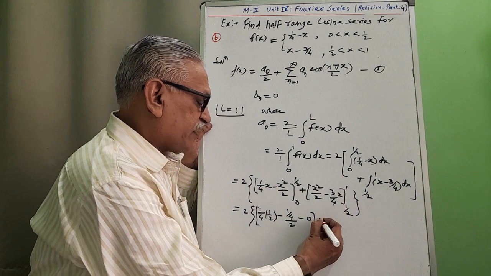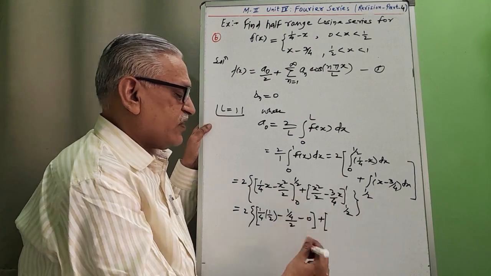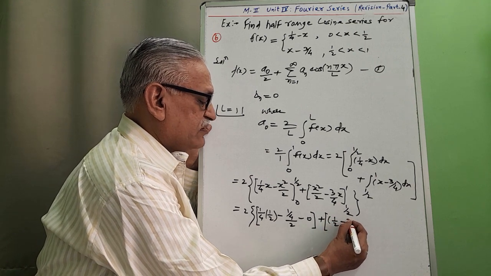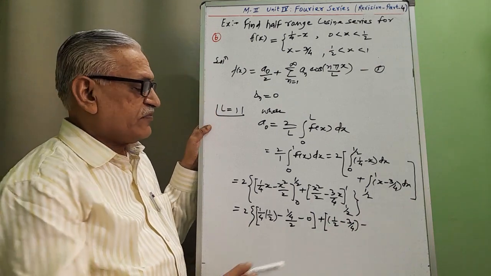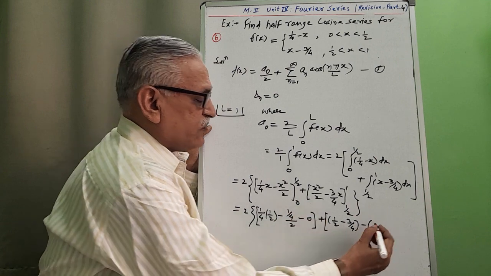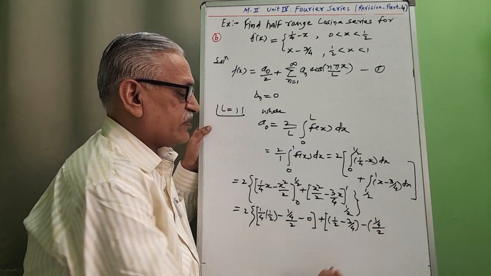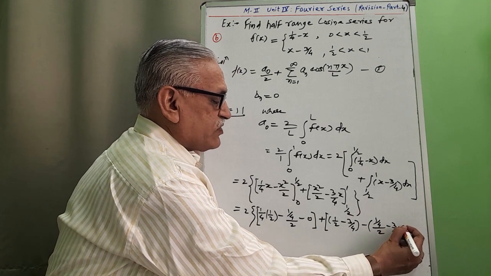Then for the second term, upper limit as 1, therefore we get 1 square as 1 by 2 minus 3 by 4, minus lower limit as 1 by 2, therefore 1 by 2 square we get 1 by 4 divided by 2 minus 3 by 4 into 1 by 2.